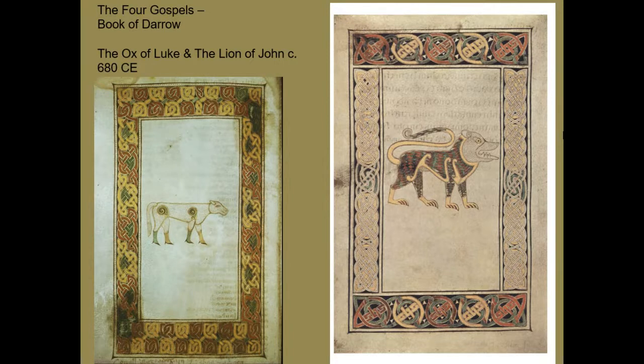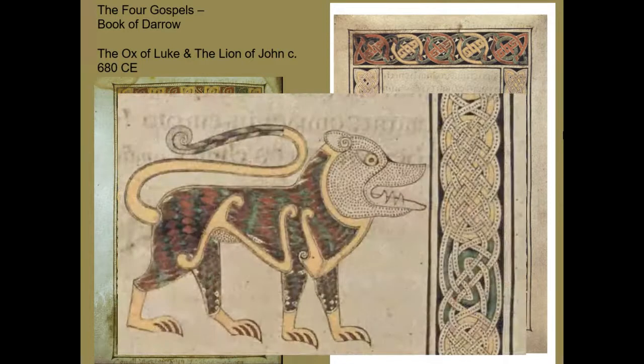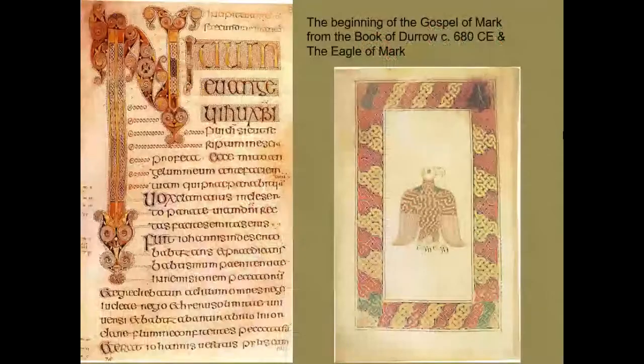The ox is the symbol associated with the gospel according to Luke. The lion is the symbol associated with John. And there's the lion in greater detail. You can see, of course, that it's not based on direct observation, but more on an interpretive, symbolic style. And then we also have Mark, who is represented by the eagle.